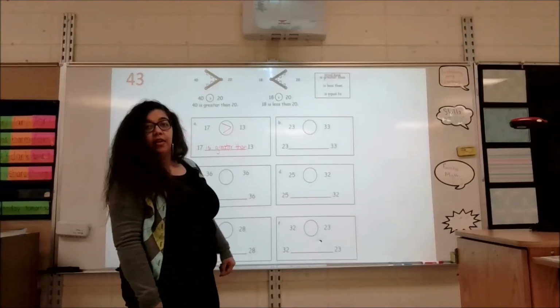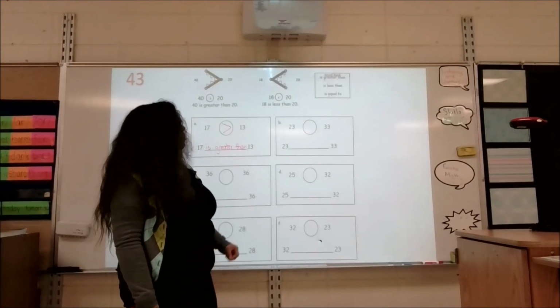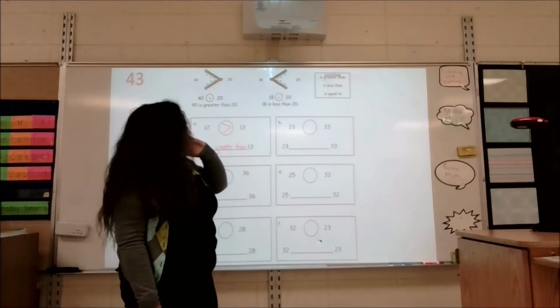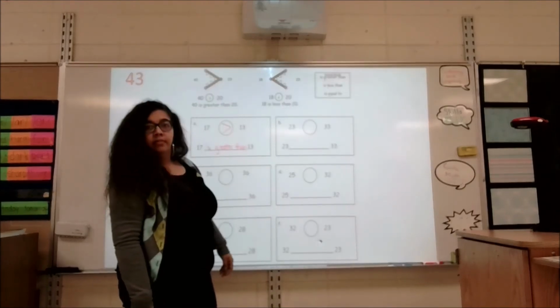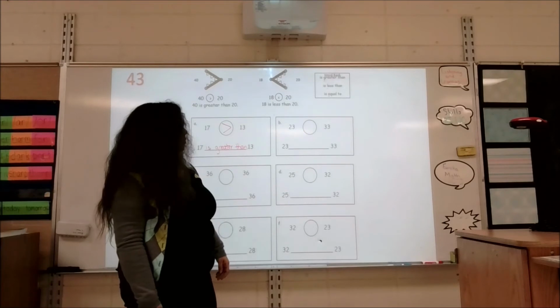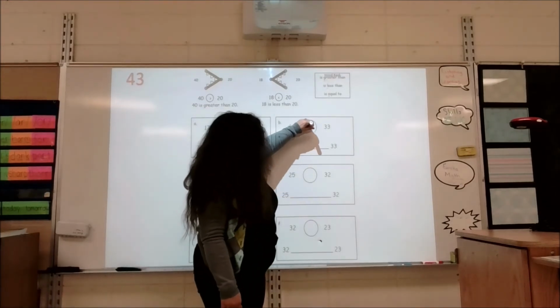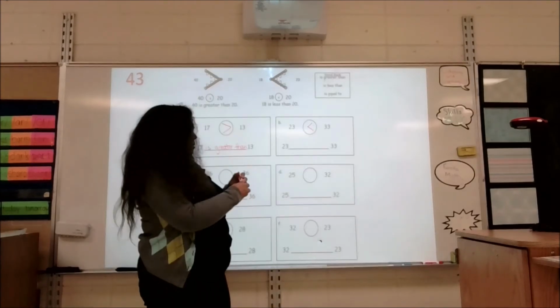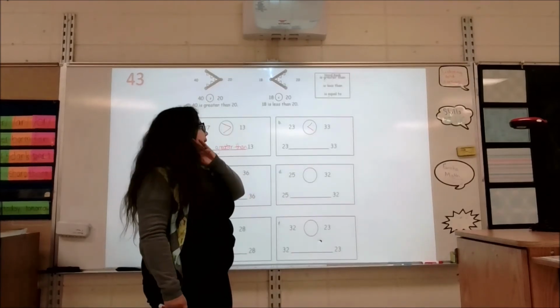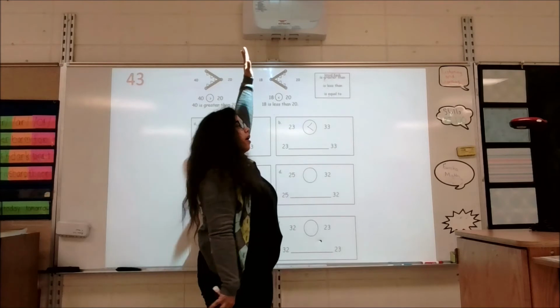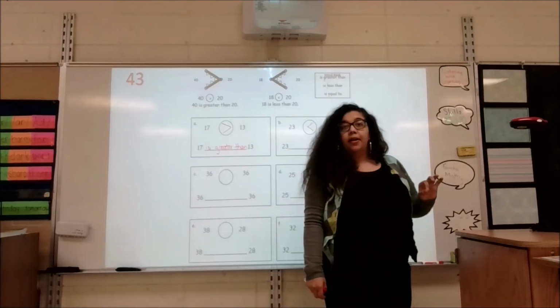Make that alligator eat the larger of the two numbers. Good. Now, let's complete the sentence to make it make sense. Remember, the alligator is always going to eat the bigger number.